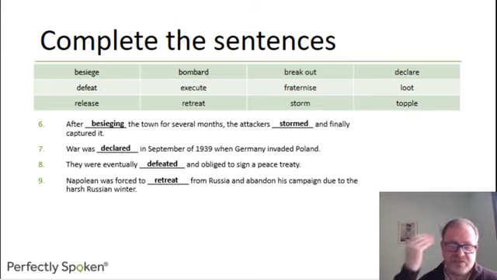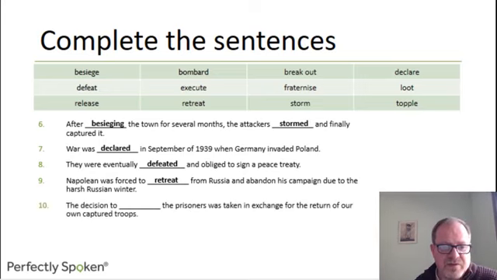You advance or you retreat. And the last one on this: the decision to something the prisoners was taken in exchange for the return of our own captured troops. Well, what you do with prisoners when you set them free is release. Release prisoners, you set them free.